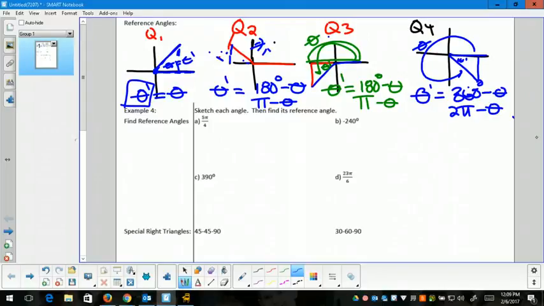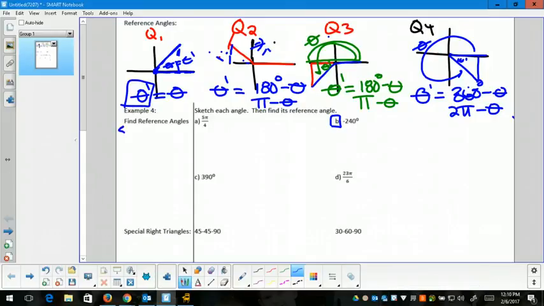Now it's important when we go to find our reference angle that we start with an actual angle between 0 and 360 degrees. If you look at example B, which we're going to look at in just a second, that is not between 0 and 360 degrees. So we will try to get it to a coterminal angle that does fall between that.